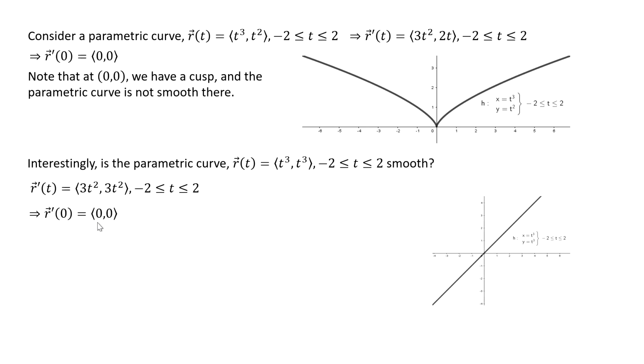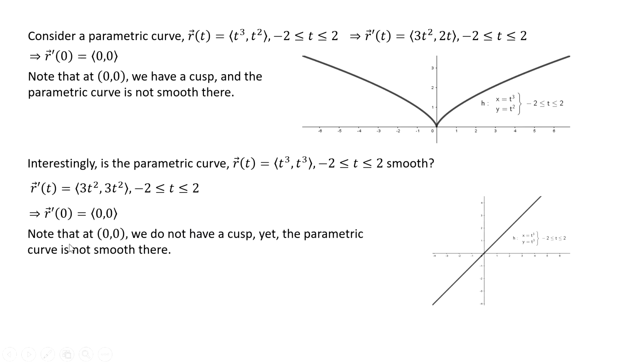But when expressed as a parametric curve, there is a problem there. It is related to a unit tangent vector not being able to be defined, or not existing, at that point. That's what the problem is for smoothness, and we'll talk about precisely that. Note that at 0, 0 we do not have a cusp, yet the parametric curve is not smooth at that point.